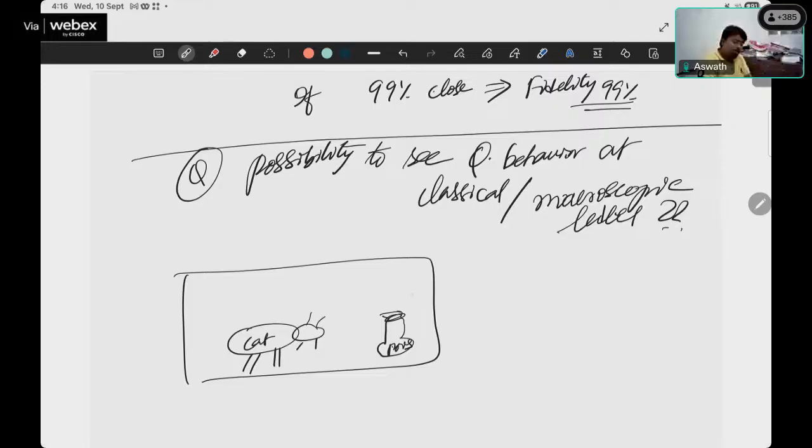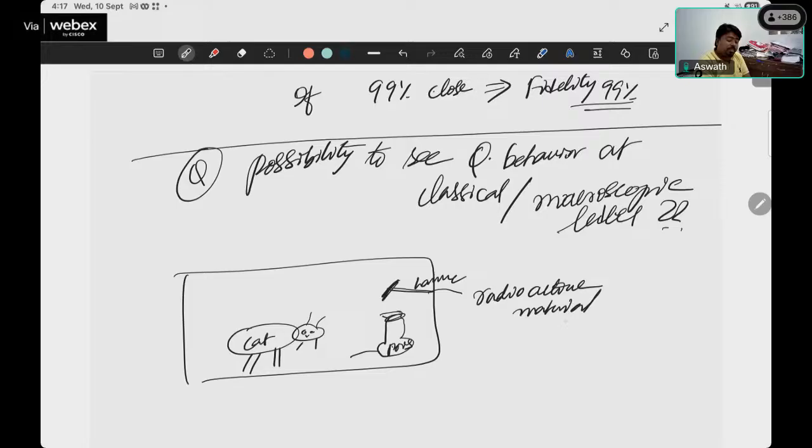There is a hammer, and this hammer will hit the container and spill the poison. If it spills the poison, then the cat is dead. The hammer hitting or not is in superposition, tied to some radioactive material.